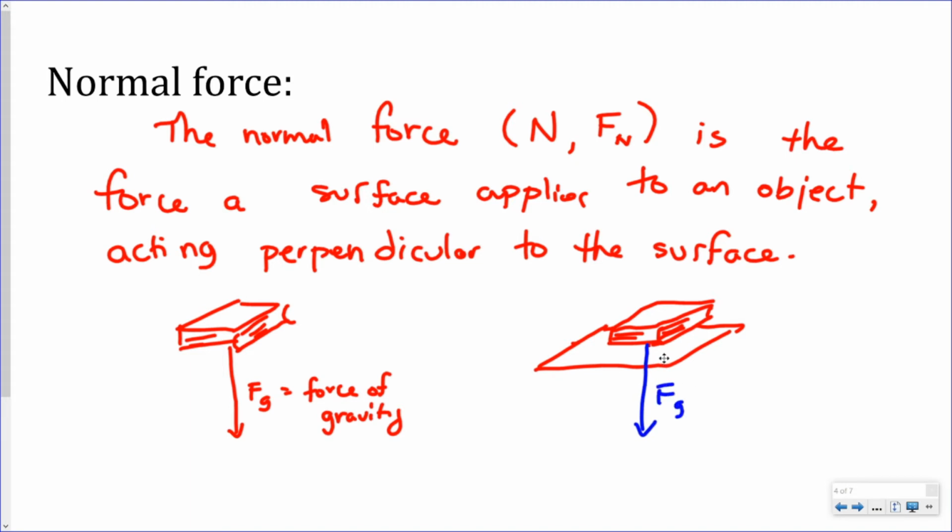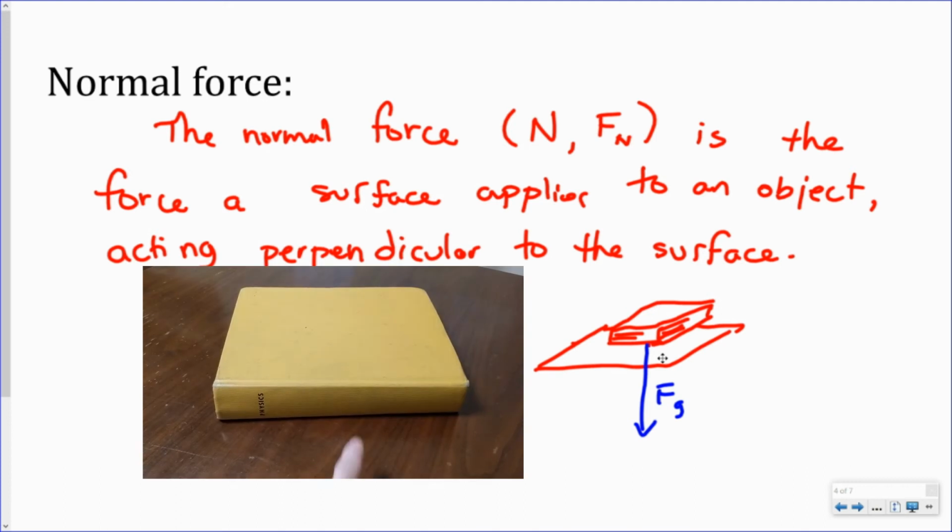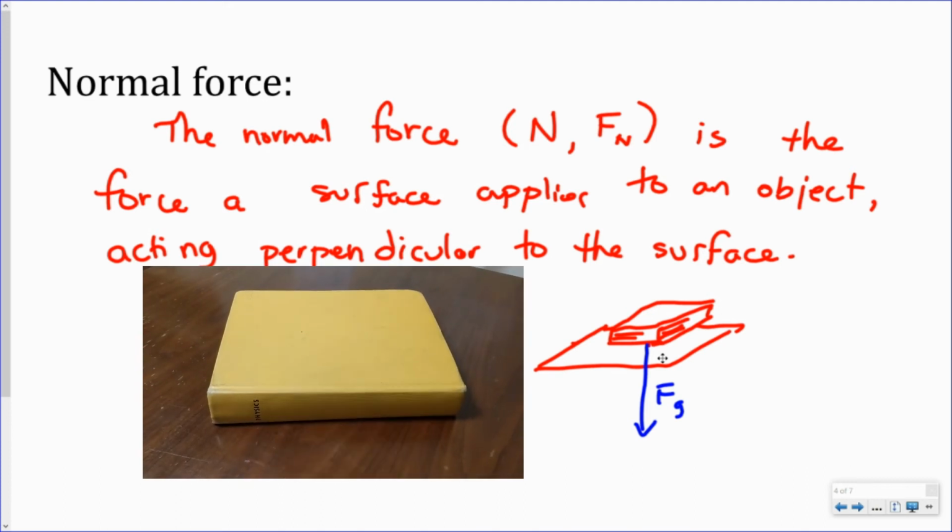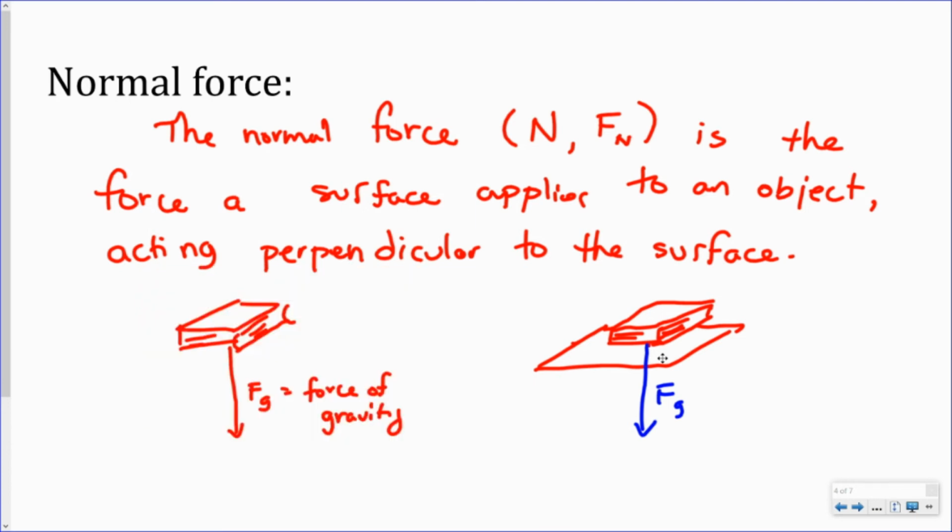That table holds it up. And that means there's a force actually going in the opposite direction. And it's perpendicular to this surface, and it's this one. And this is N, or the normal force. So this is perpendicular to the surface that it's on.